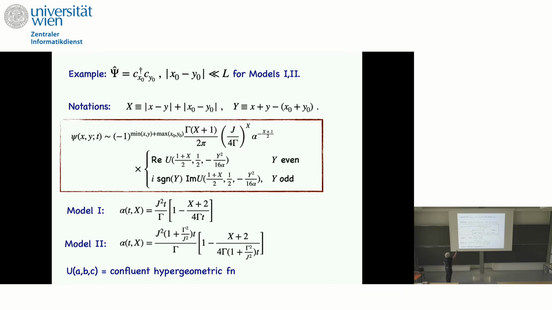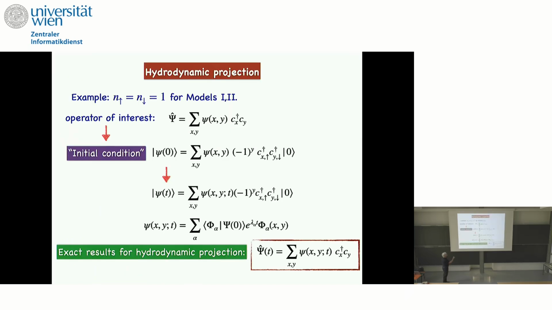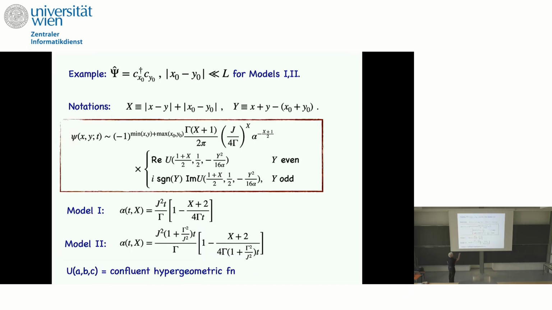As for notation, I define a capital X, which is the distance between these two arguments of the wave function, which corresponds to the distance between the operators in the projection. And then x naught minus y naught is the size of the initial operator.